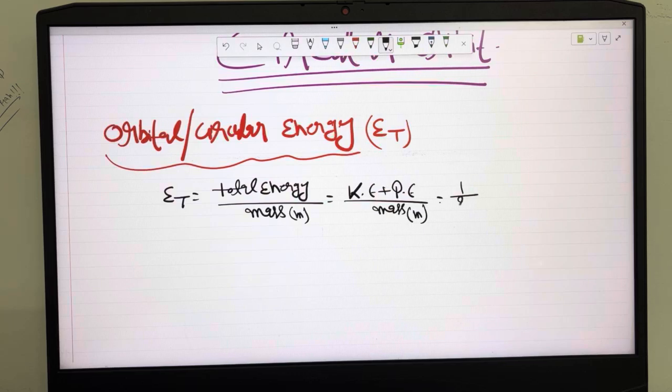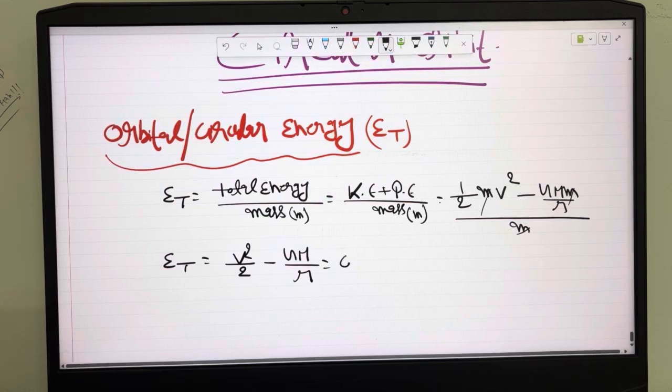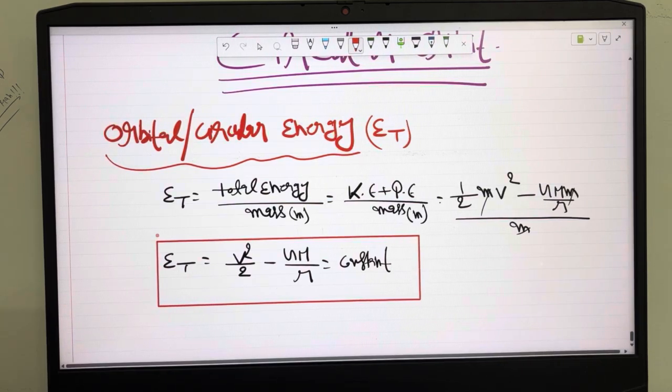Kinetic energy is half m v square, minus G capital M small m divided by r, and the whole divided by mass. If you cancel the mass, ET will be v square by 2 minus GM by r. It is also a constant, called the circular energy or orbital energy. Let's call this equation number A. Let's start the numbering with A, B, C, D.